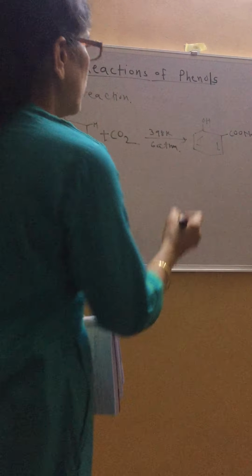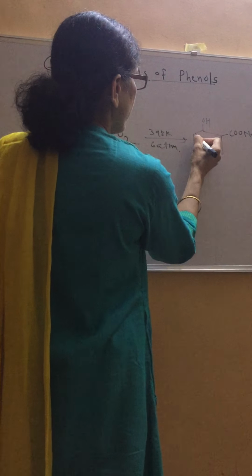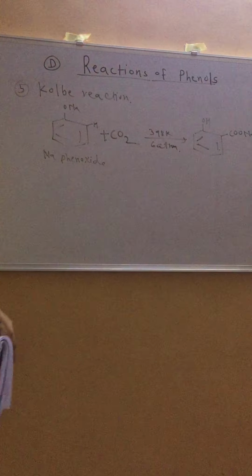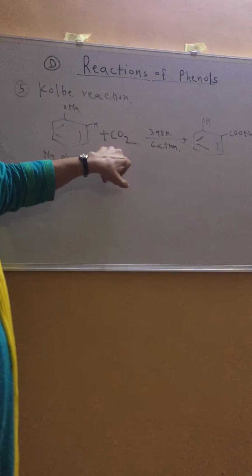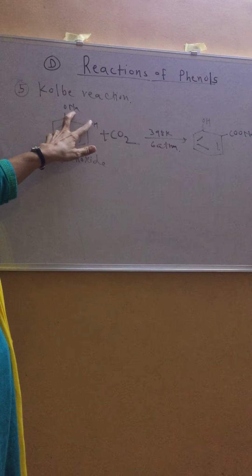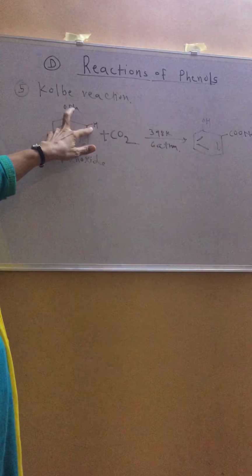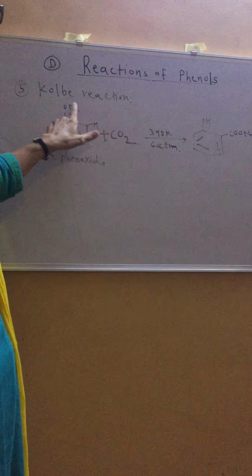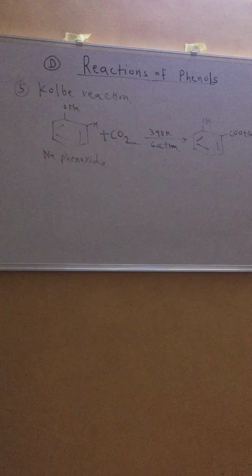See what has happened in the reaction. Sodium phenoxide is treated with carbon dioxide at high temperature, high pressure. ONa, this is just replacement. This H will come over here, and COONa will occupy ortho position.